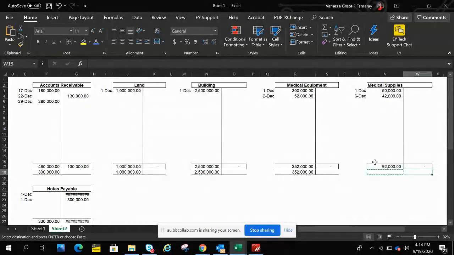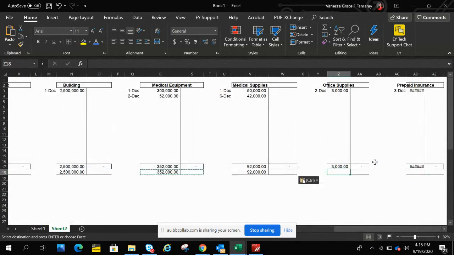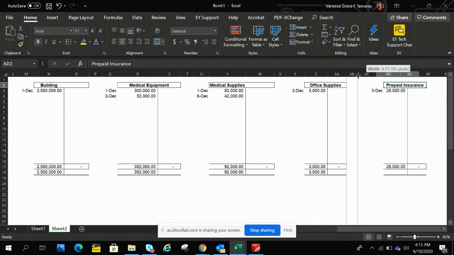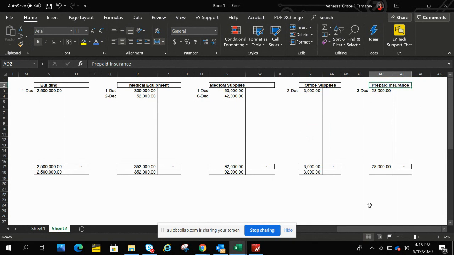Medical supplies, 92,000 kasi wala namang credit. Office supplies, ganun din, 3,000. Prepaid insurance, ganun din, wala namang credit. Saka again, naisip ko na naiisip nyo bakit hindi tayo nag-a-adjust. Sa next chapter na lang yun. Basic lang muna tayo ngayon.